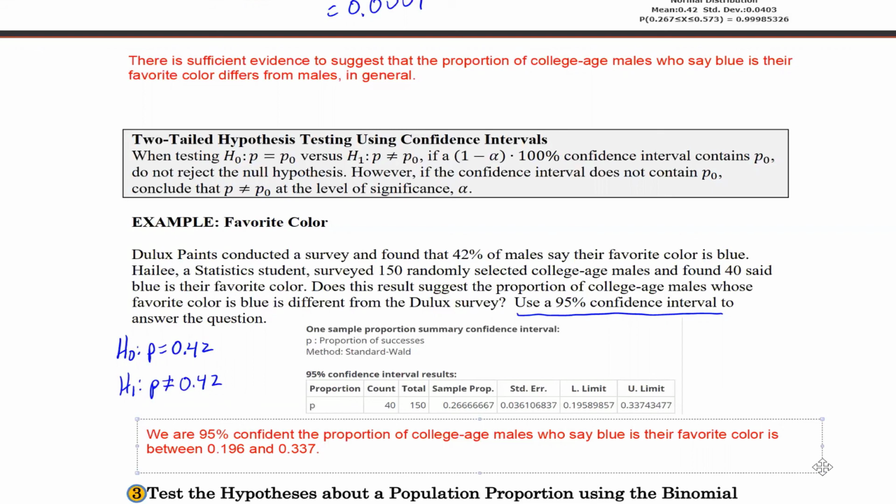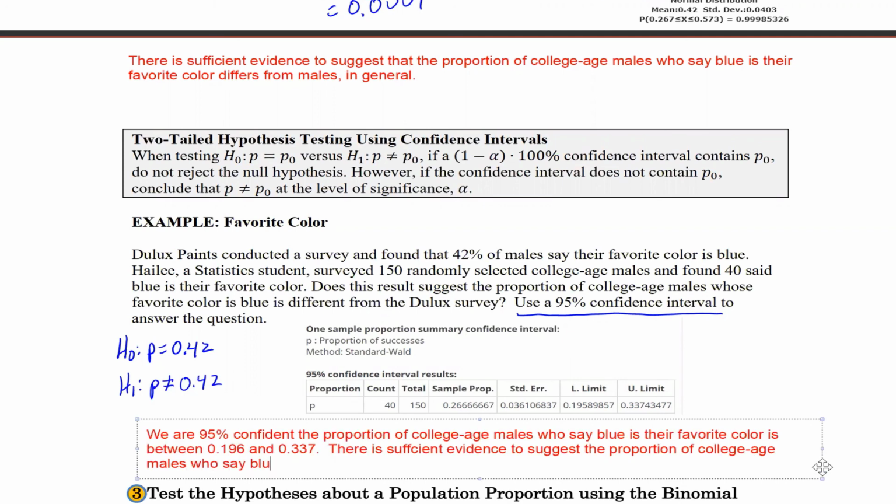Notice that the proportion stated in the null, 0.42, is not contained within that interval. Therefore, there is sufficient evidence to suggest the proportion of college-age males who say blue is their favorite color is different from 0.42.